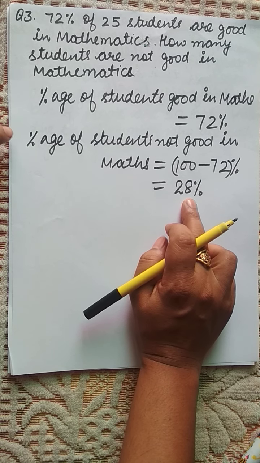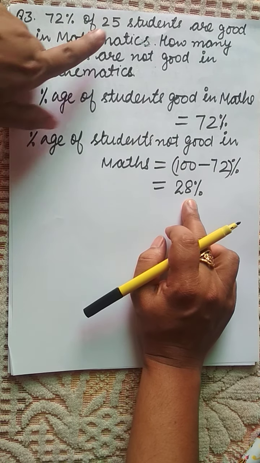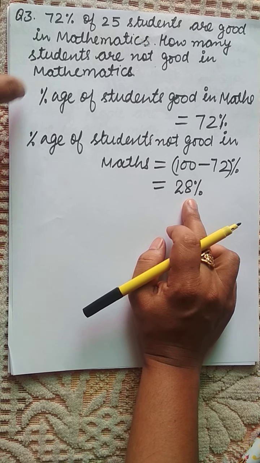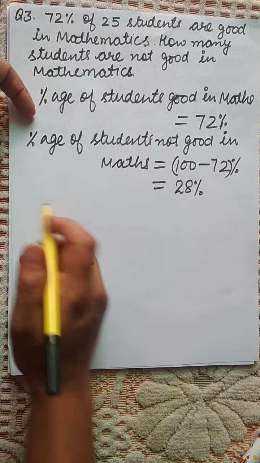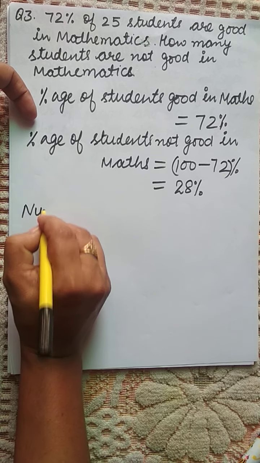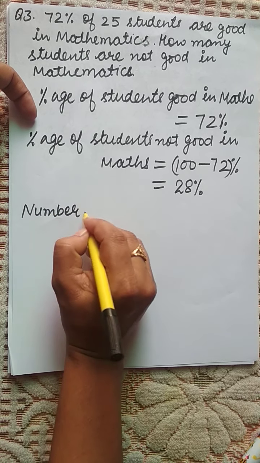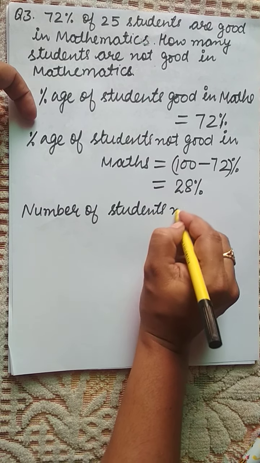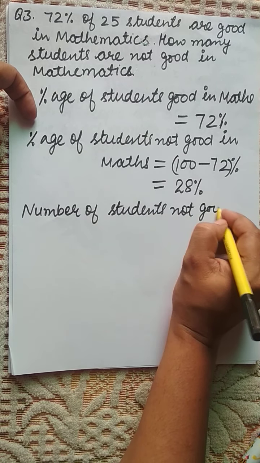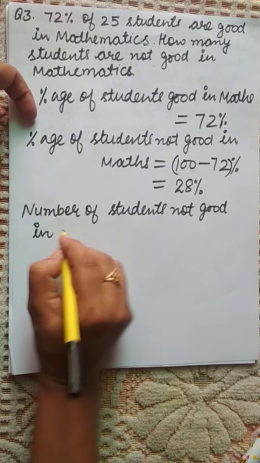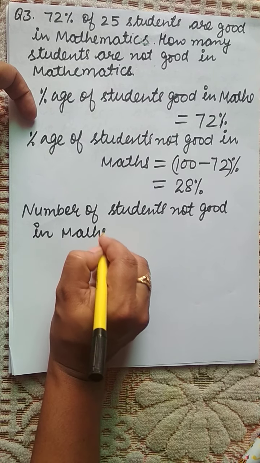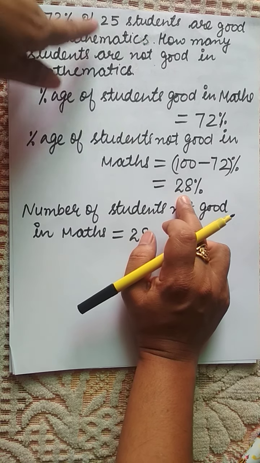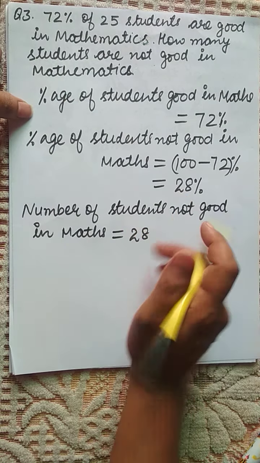It means 28% of the students out of 25 are not good in maths. But I want to find out the number of students who are not good in maths. So the number of students not good in maths is equal to 28% of 25.